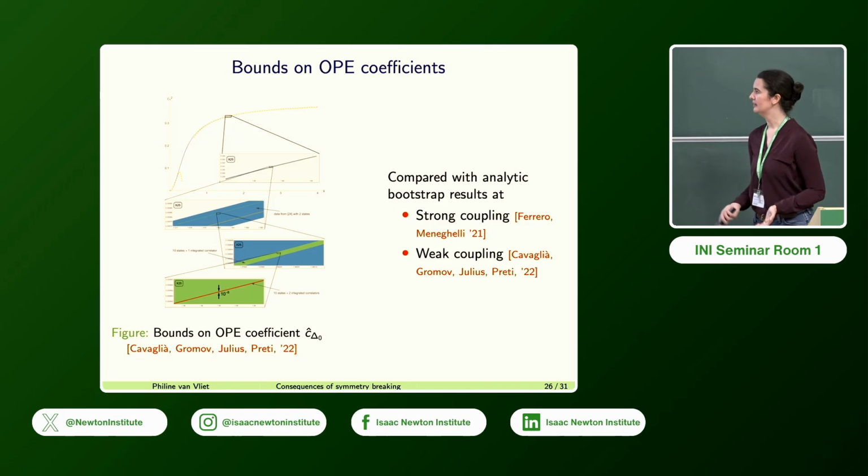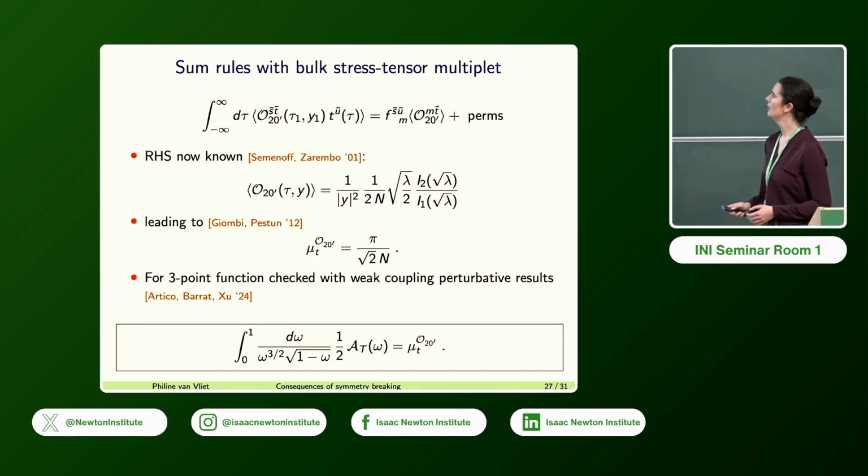And now the idea is to also include bulk operators into this bootstrap for the 4-point function of displacement. We want to include this stress tensor O20 prime that we saw before. So we can derive these constraints for O20 prime and the tilt. In this case, also the right-hand sides are known by localization, and we can extract this bulk to defect OP coefficient.